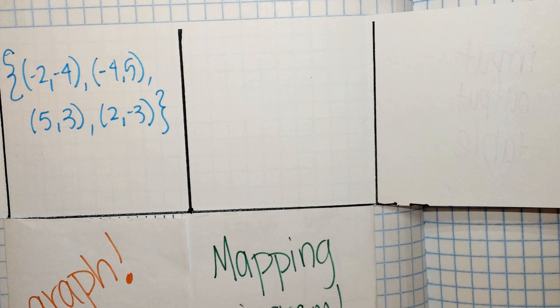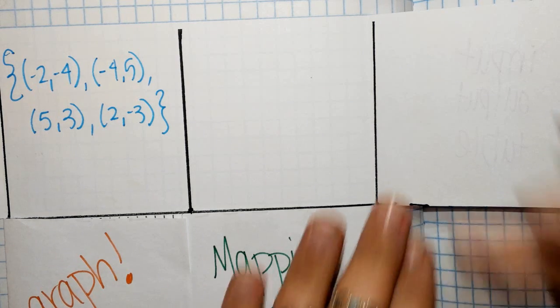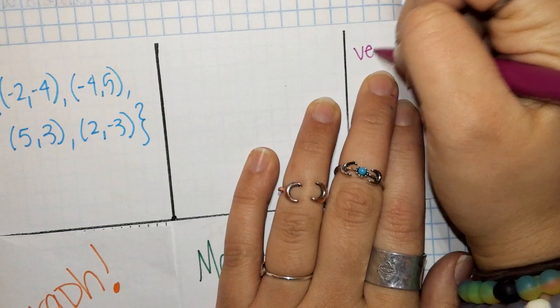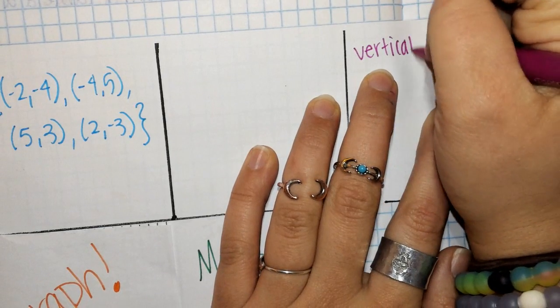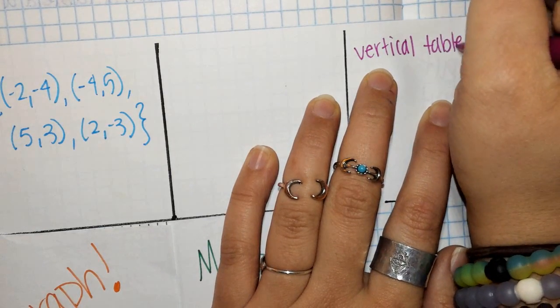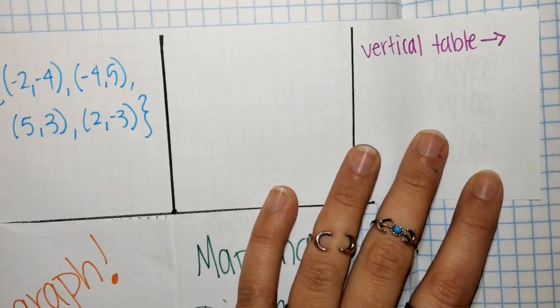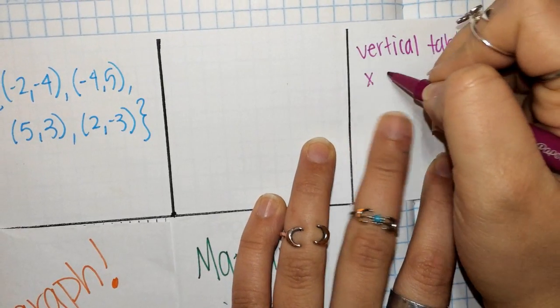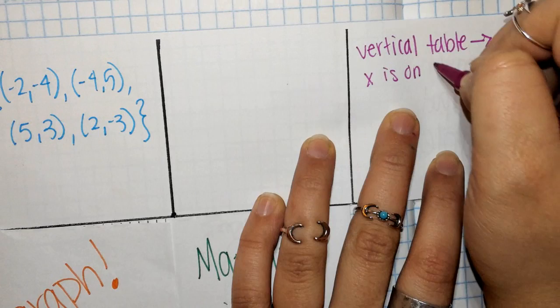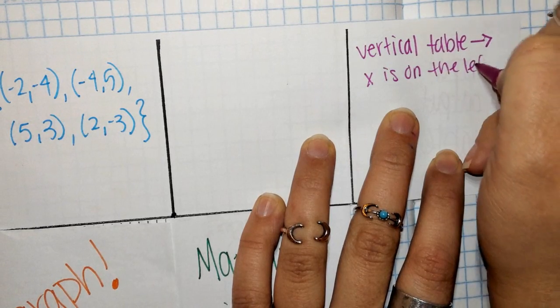Vertical's up and down. Horizontal is like this. So, on a vertical table, X is on the left.